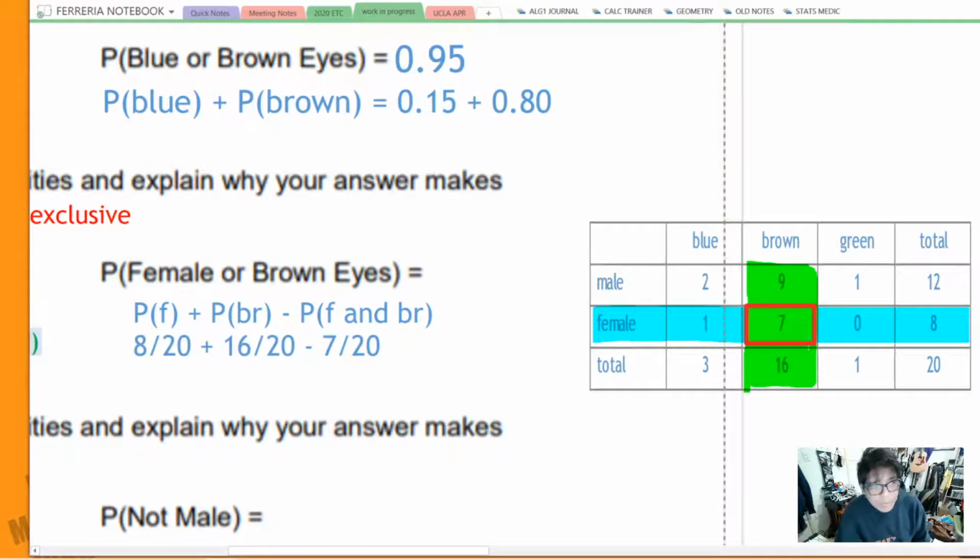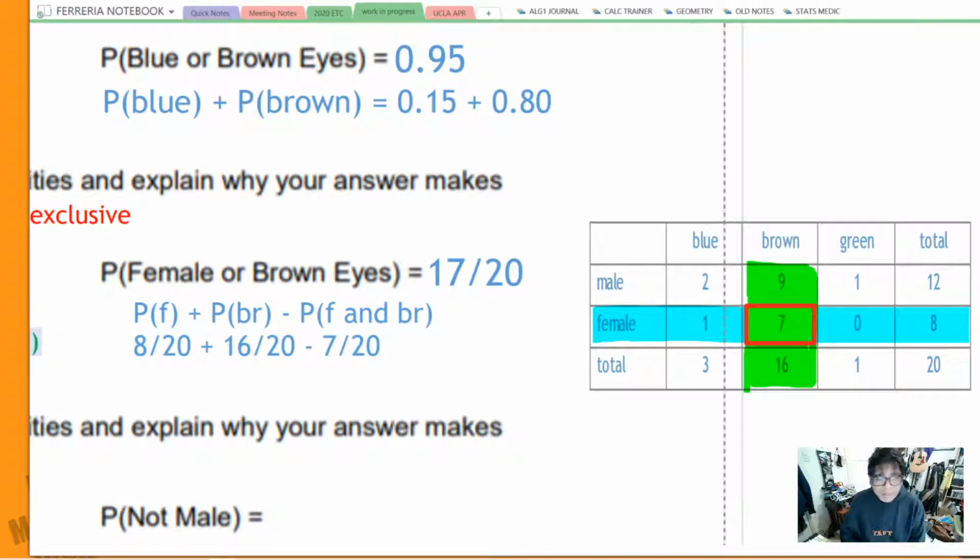So that's going to be 8 out of 20 because there were 8 females, plus 16 out of 20 because there are 16 brown-eyed people, minus 7 out of 20 because there were 7 females who were brown-eyed, and they're counted in both the females and in the brown-eyed counts. So that's just equal to 17 out of 20.